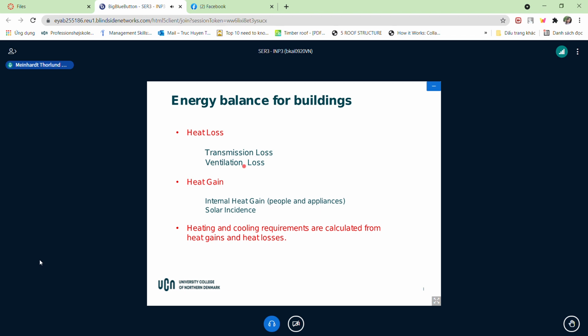So this will roughly be zero, but because you have a lot of sun and a lot of people and equipment inside, you actually get too much energy into the building, which will result in the temperature rising. And if it's too hot, your ventilation system will cool down, and then you will use electricity for your cooling system. So basically, this is something that this program is calculating for us.